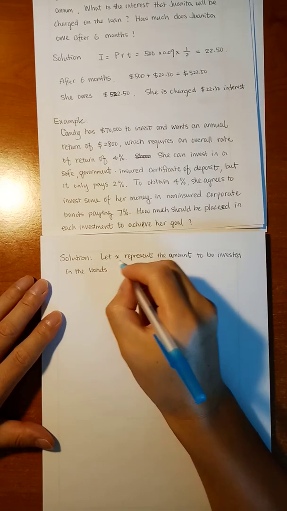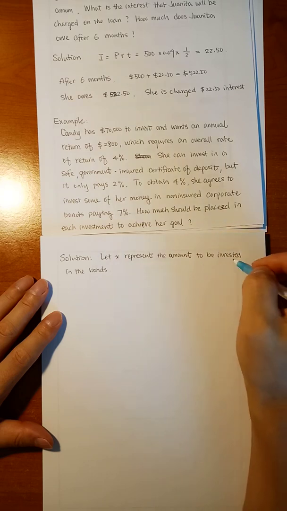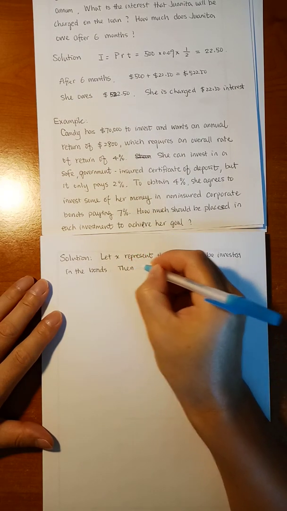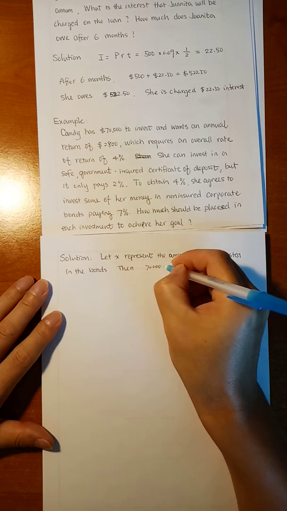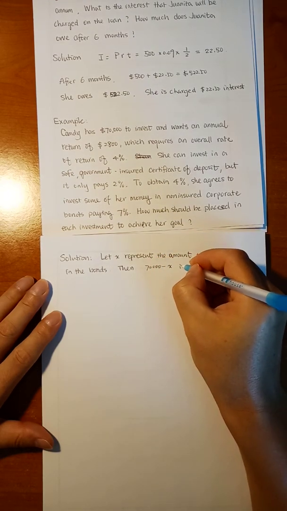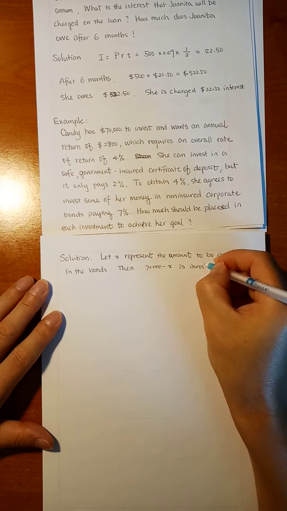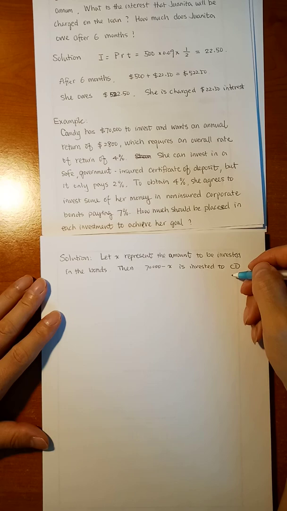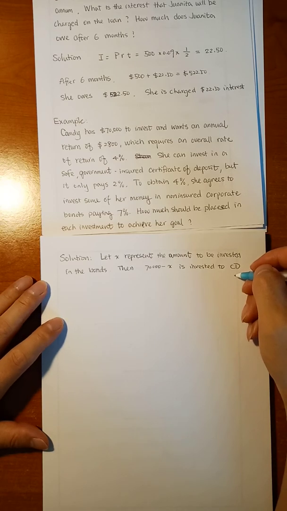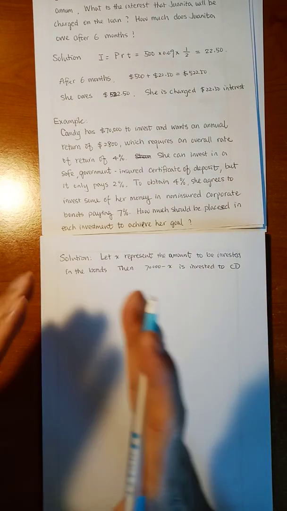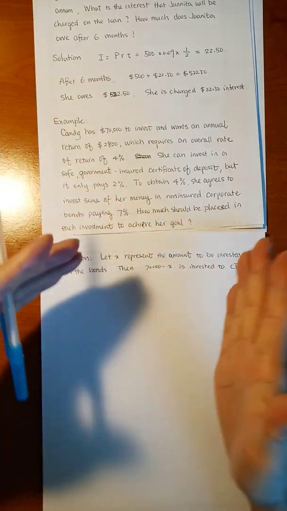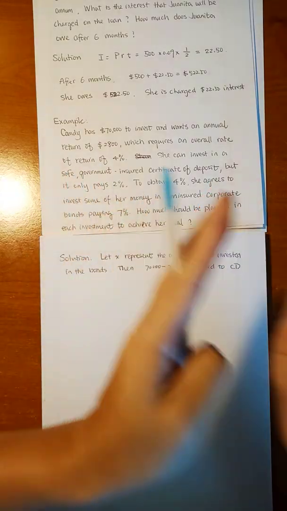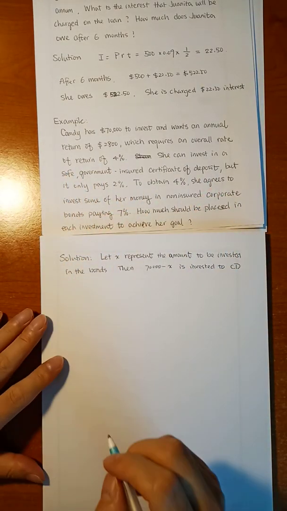Okay, X dollars is invested in the bonds, then 70,000 minus X is invested in the CD, the insured certificates of deposit. So we just cut this big pie into two parts. One part is put in the corporate bond, the other part is put in the CD.